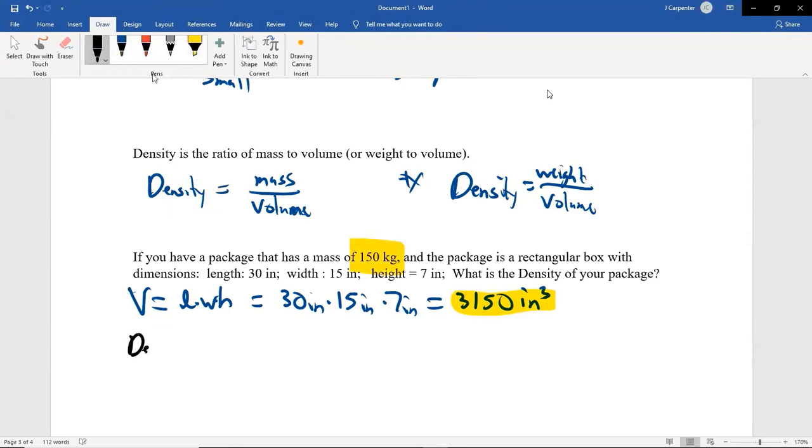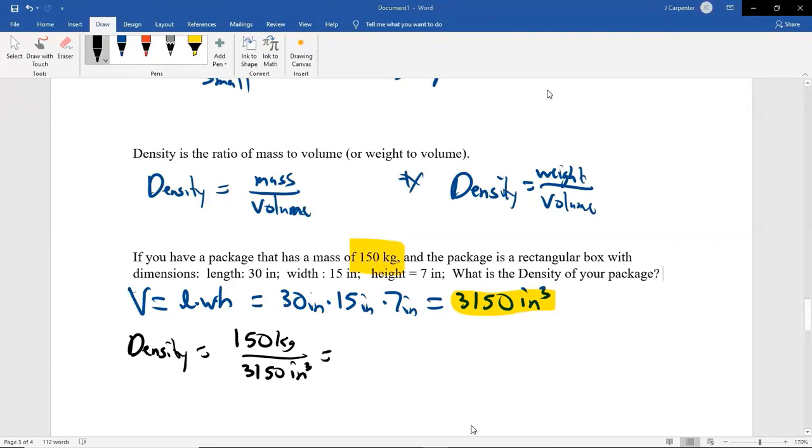So the density, the mass, was what we were given, which is the 150 kilograms, divided by the volume, which was the 3,150 cubic inches.